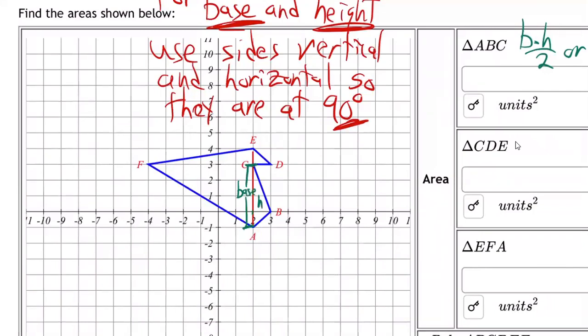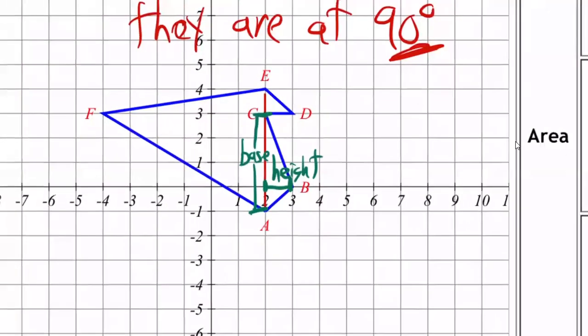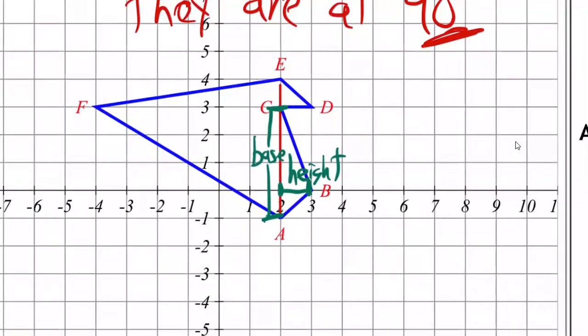Well, here to here is the height. Those are the two we should use for triangle ABC. Does that make sense? So we can just count the jumps. What's the base? 1, 2, 3, 4. What's the height? 1. Remember, on graph paper, we just count jumps.